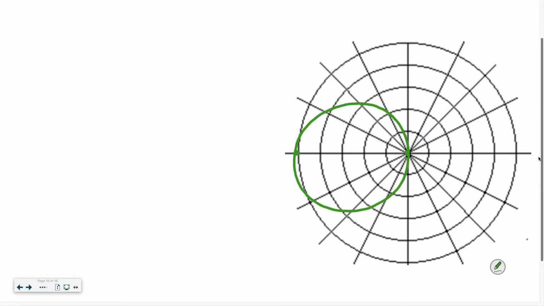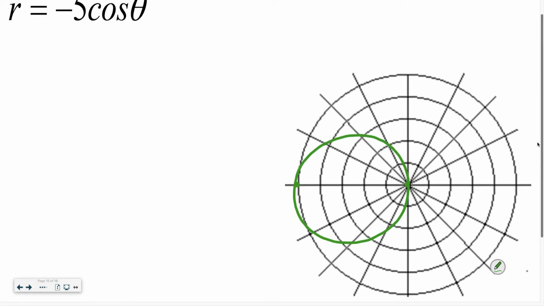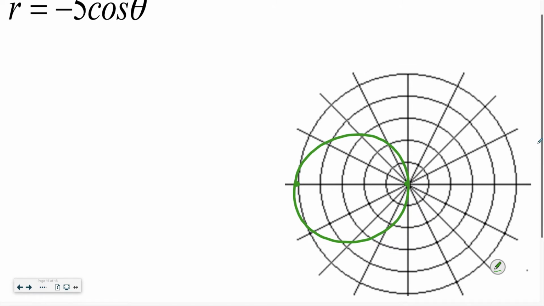Now, if I ask you for the zeros of a curve, what am I asking you to solve for? When r equals 0, which means you're crossing the pole.